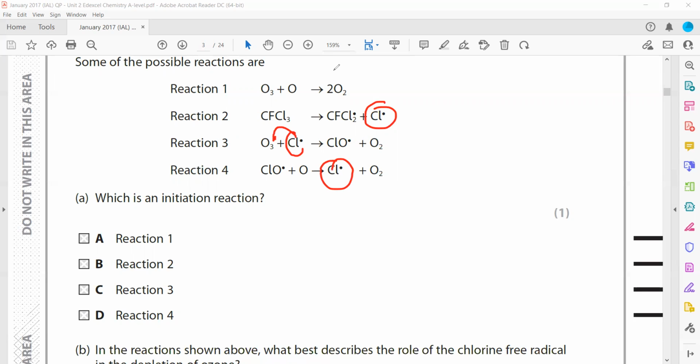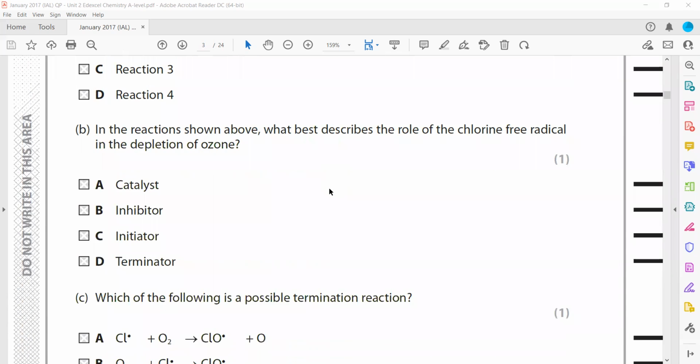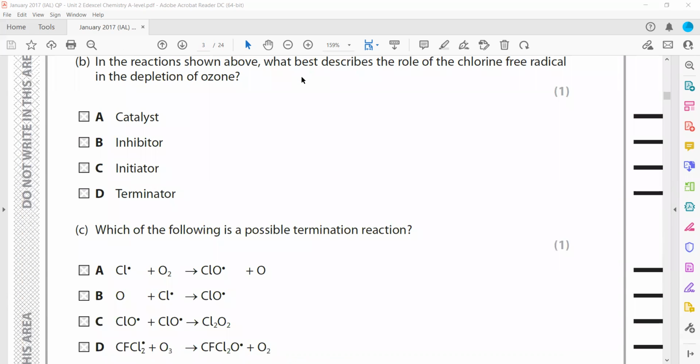It means it is not consumed chemically. If a substance is not consumed and it helps the reaction occur, we call that substance a catalyst. So chlorine free radical is acting like a catalyst.